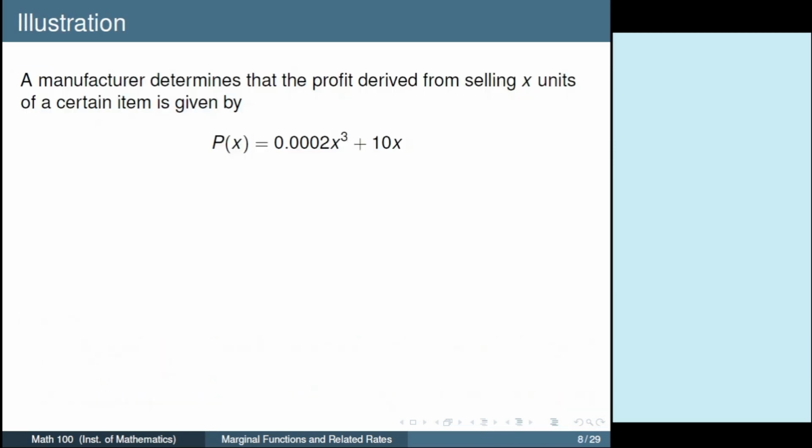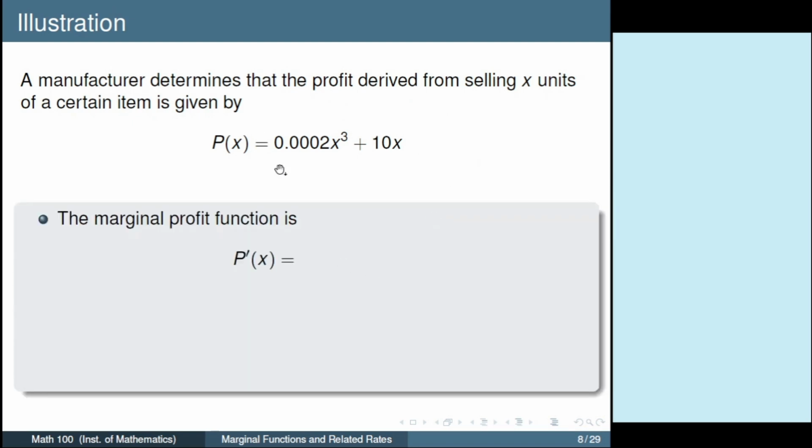Okay, so sige, gawin nga natin yon. We have the same function as earlier. And getting the derivative of this, we'll get 0.006 times 3 lang yung constant, x squared plus, here we have 10. Okay?